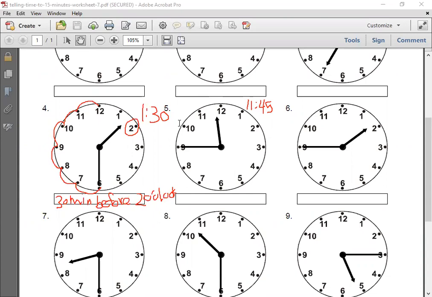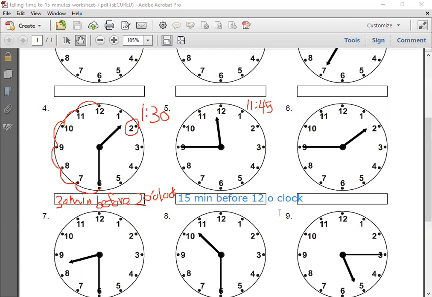So let's count how many minutes are left to reach 12. 5, 10, 15, which means the time now is 15 minutes before 12 o'clock.